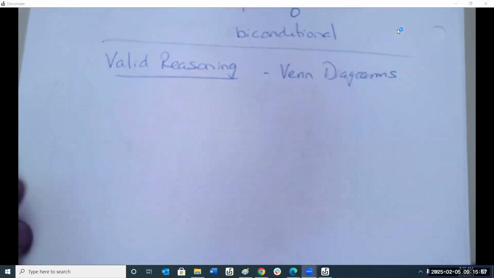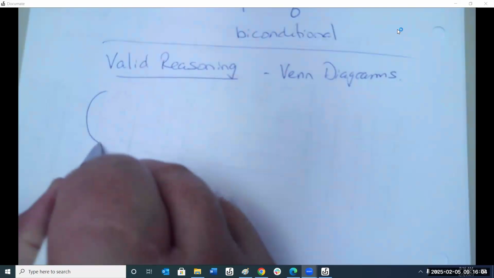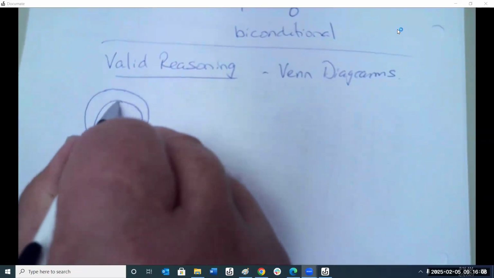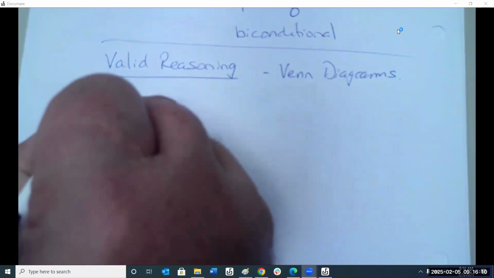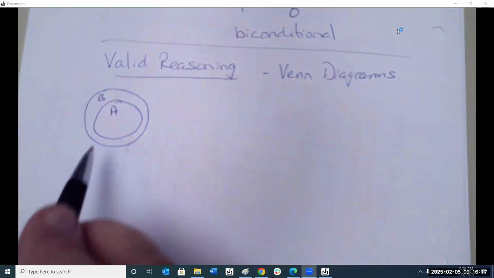Ever hear of Venn diagrams? That's when you have the circles where they overlap and stuff like that. So this is set A and set B. What does this one tell us?